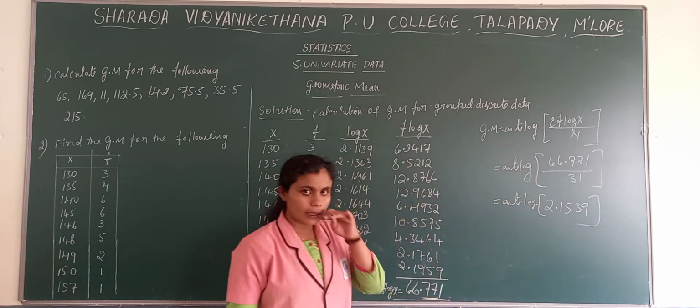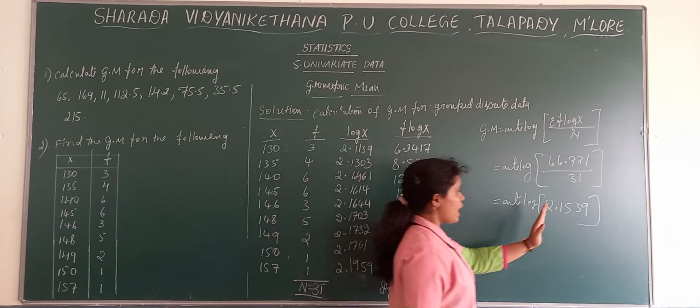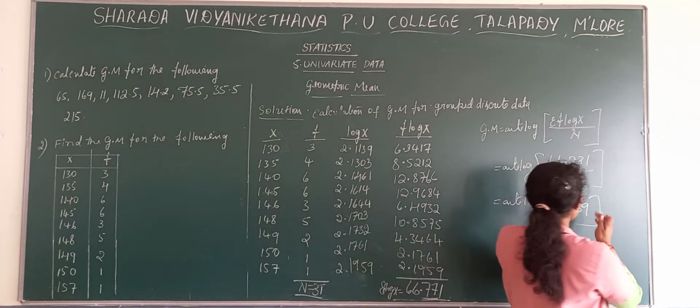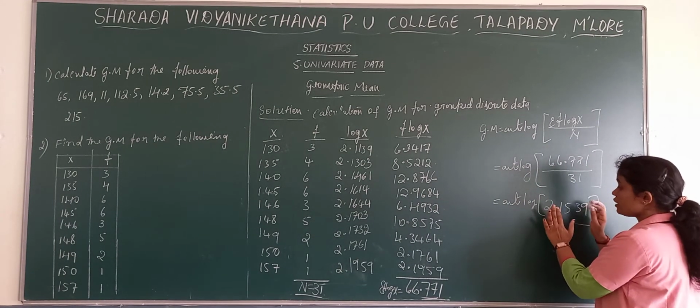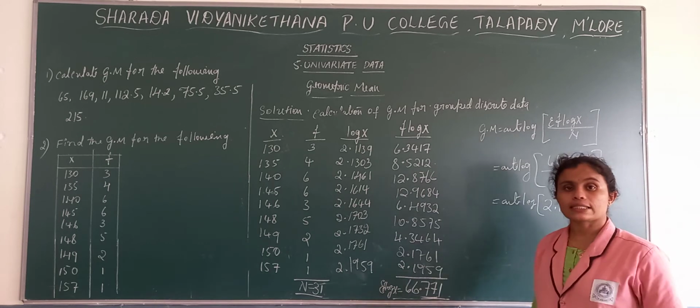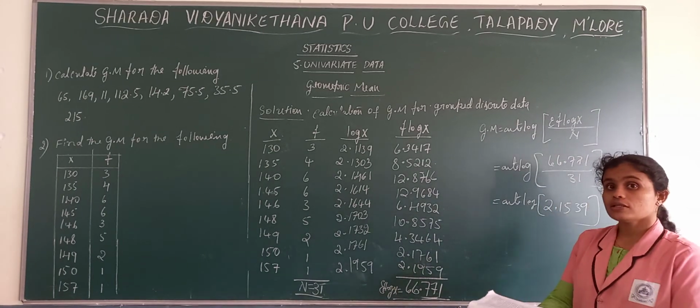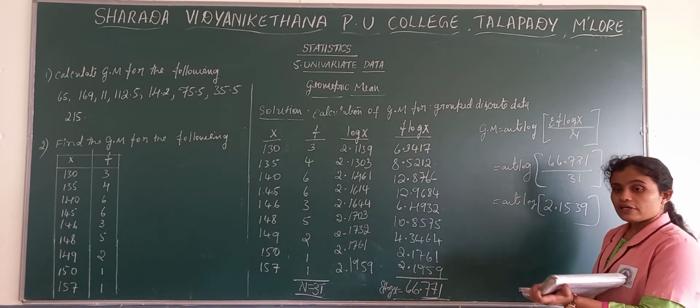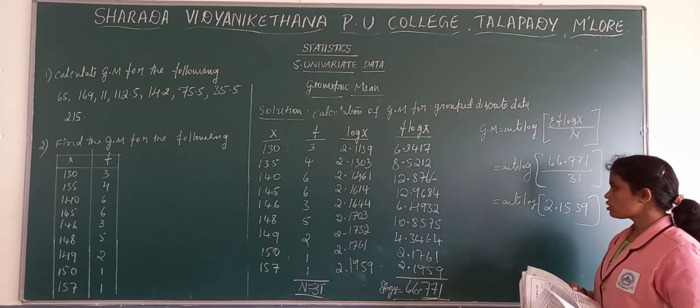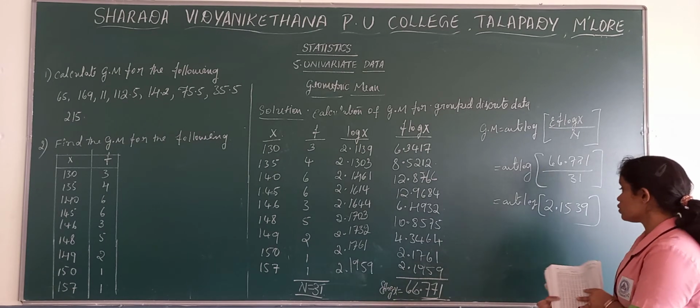Now see there in antilog. As I said, in antilog we need to see only these digits. Your antilog table, if you check, starts from .10, .11, .12. So see the antilog table.